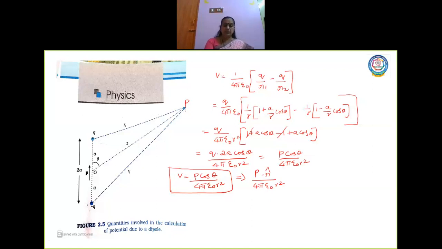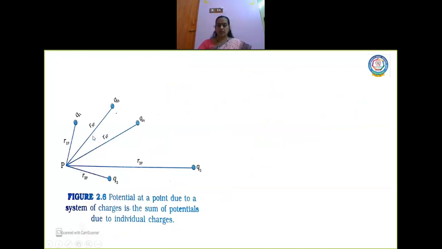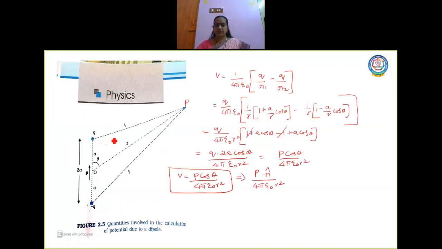If P is going to be near plus Q, imagine the position of P to be somewhere here, near plus Q. In that case, what will be the potential? Because the potential depends not only on the position vector but also on the angle.